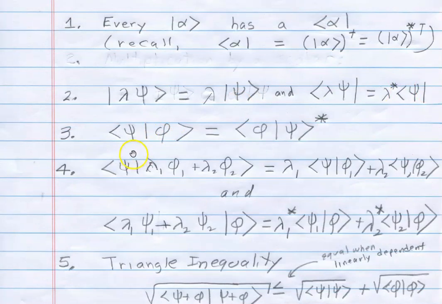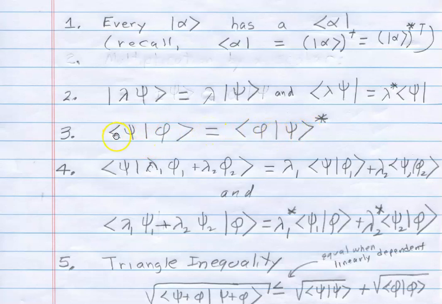If you look at the properties of these, what you find is that if I take two states and form their inner product, I form the bracket of this ket and this bra.